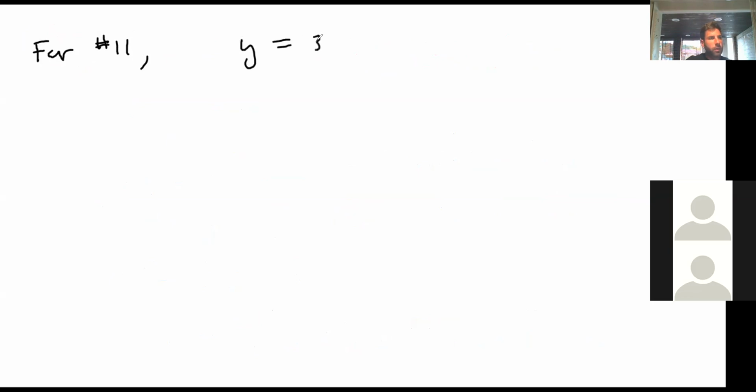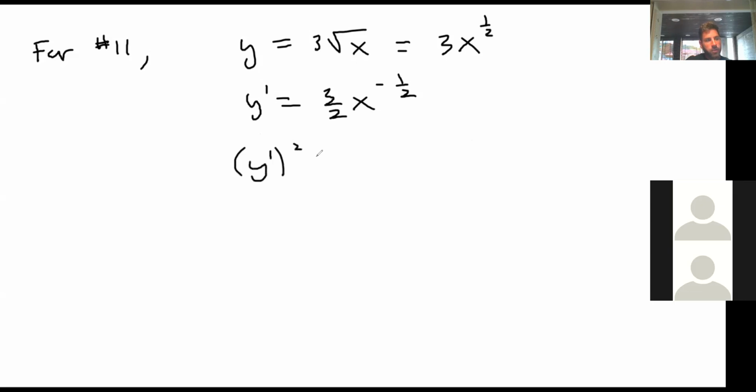y equals 3 times the square root of x, which another way of writing that is 3x to the 1/2, which means the derivative is 3/2 x to the -1/2. And so if you differentiate that and square it, you get 9/4 x to the -1.